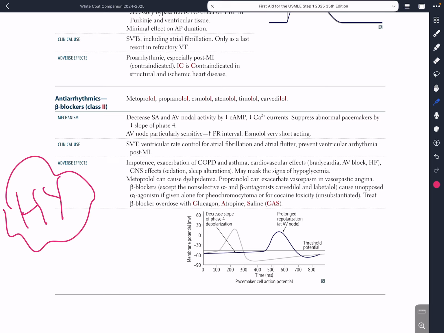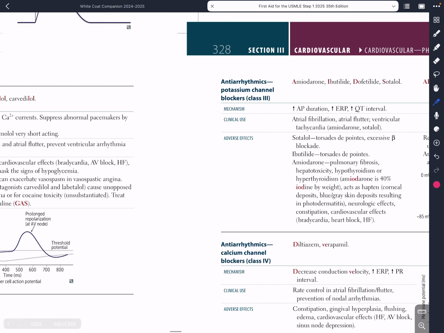Never give beta blocker to a patient with pheochromocytoma. Okay, covered all three. So COPD, elderly bradycardia, and pheochromocytoma. These are the three people you need to be very careful of giving beta blockers.